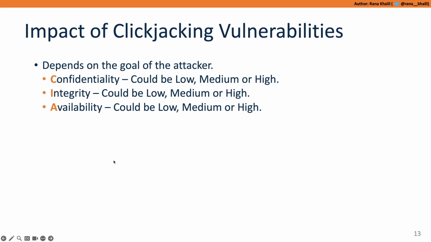You're only affecting integrity, and that's done for a very small part of the application, which is the like functionality. However, if you're performing a cookie jacking attack, that impacts confidentiality, integrity, and availability at a potentially high level if you're compromising the cookie of an administrator account. So the impact really depends on the goal of the attacker.